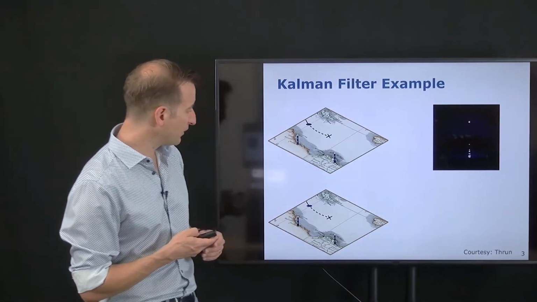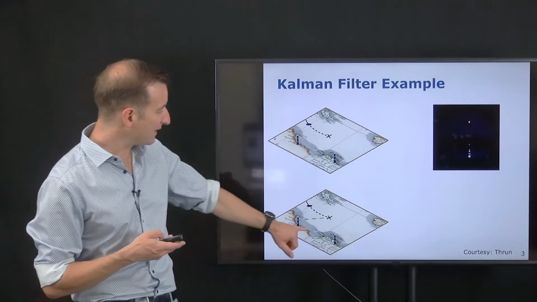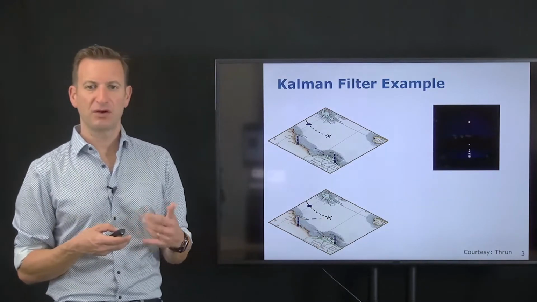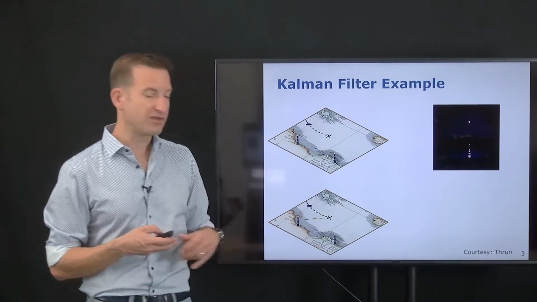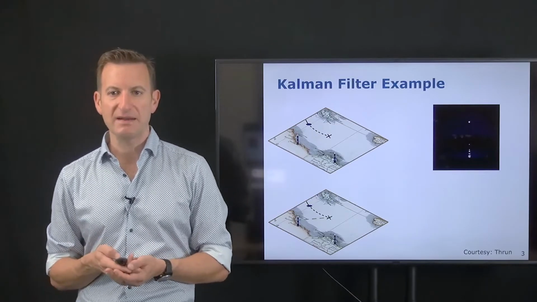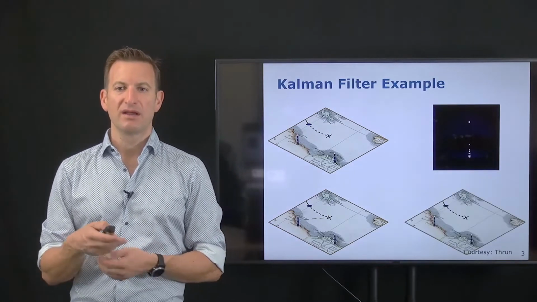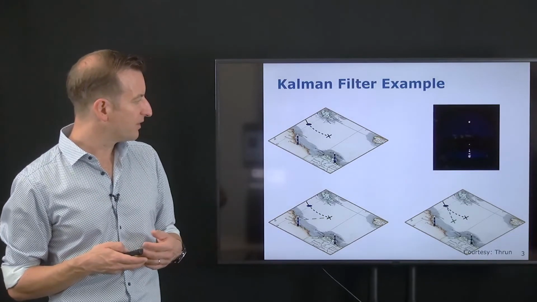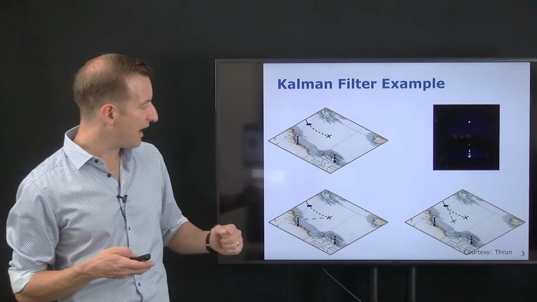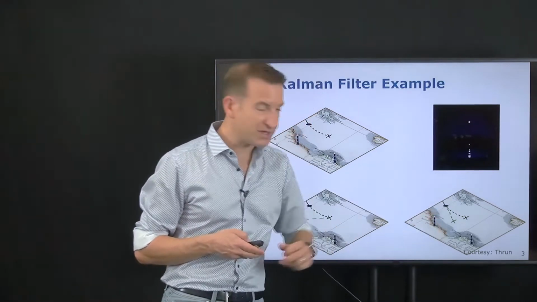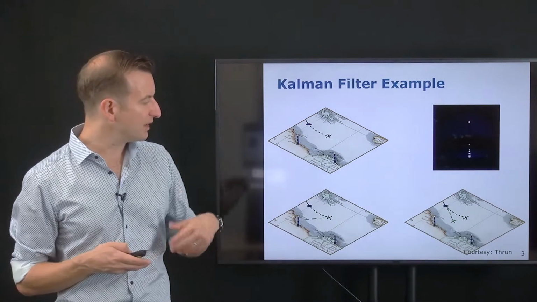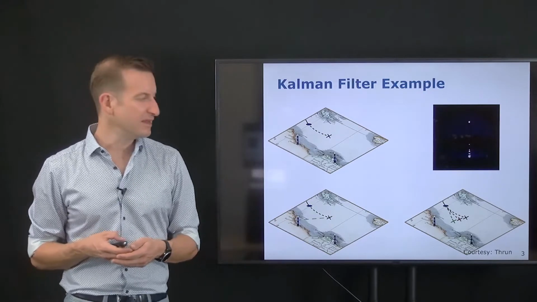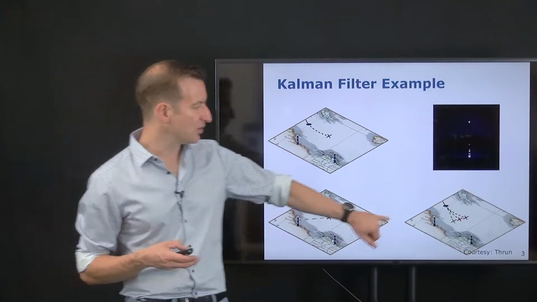So this is where we predict where we are. Then we have our lighthouse observation, which is illustrated by this dashed line. So based on our observation, we know that we are, let's say, somewhere here on that dashed line. And then we can compute the new state estimate as a combination of the observation, here shown in green, and the predicted one, which is the black one, which gives me the joint estimate shown in red.